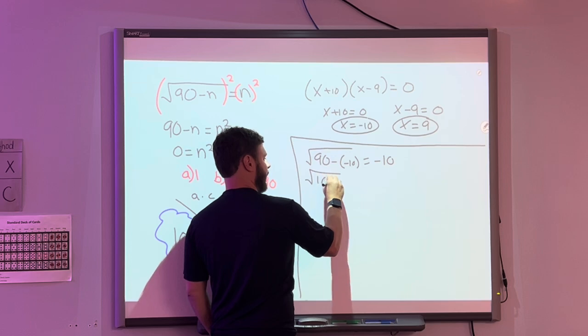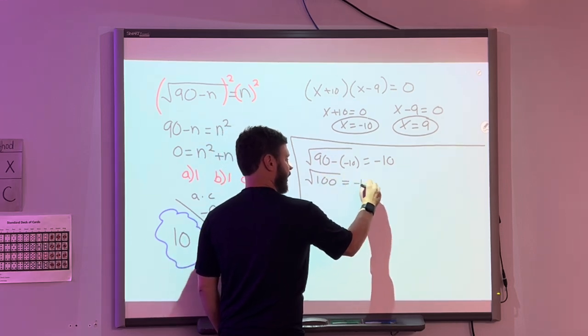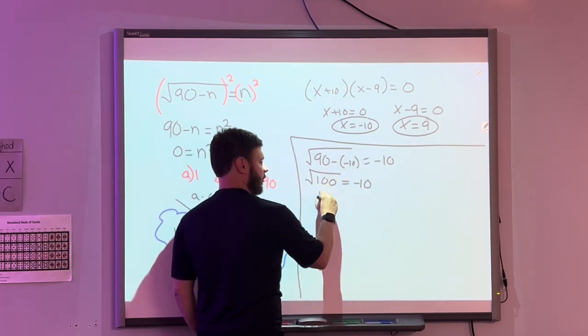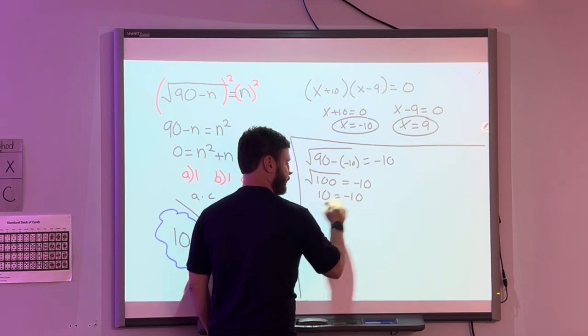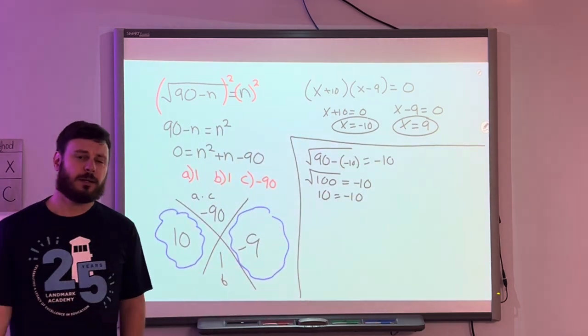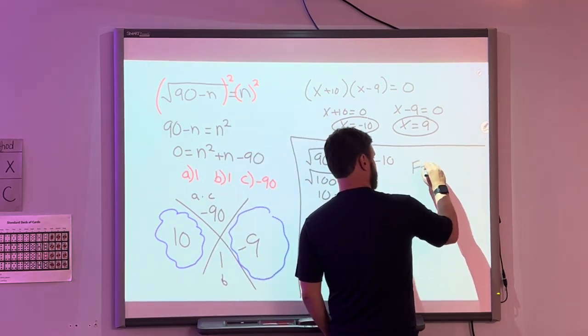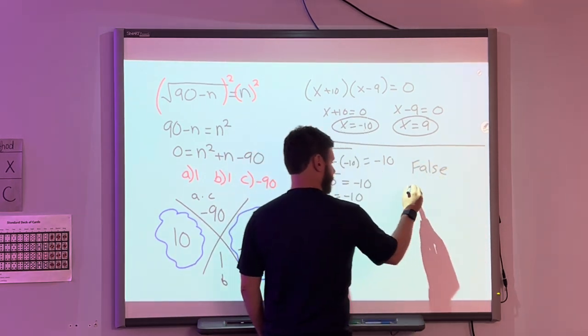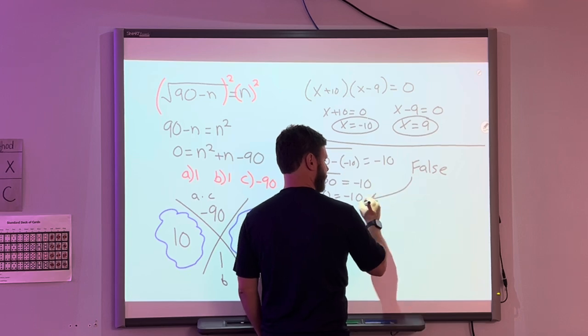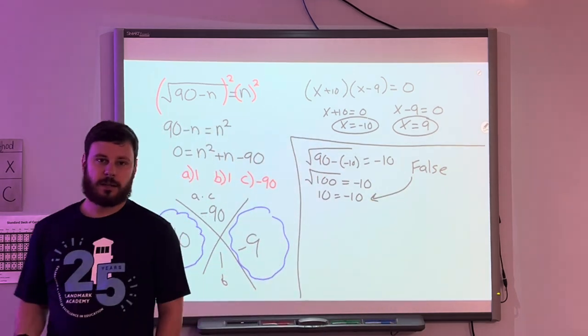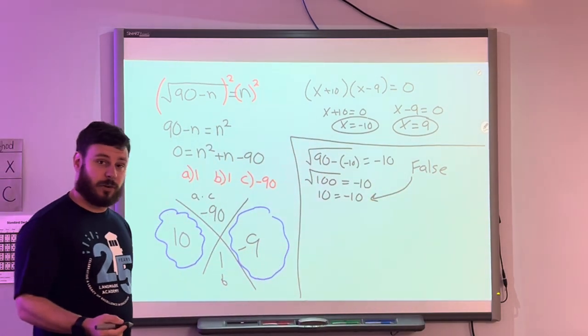The square root of 100, does that equal negative 10? Well, the square root of 100 is 10. So no, that's not true. So that negative 10 answer we got is extraneous.